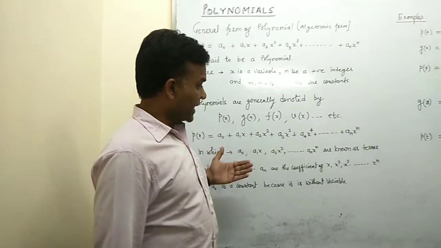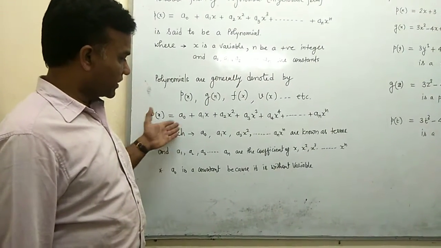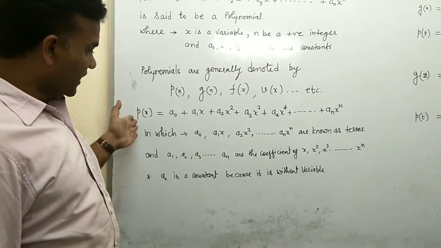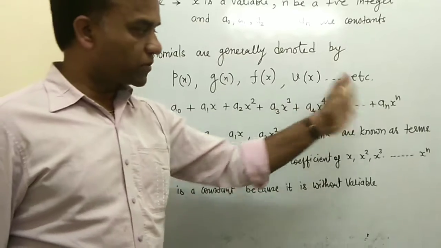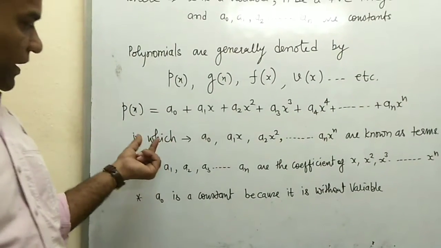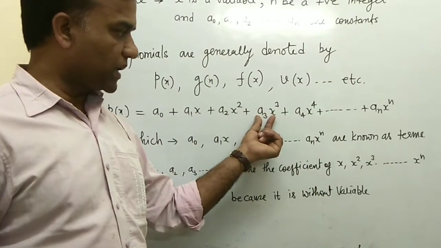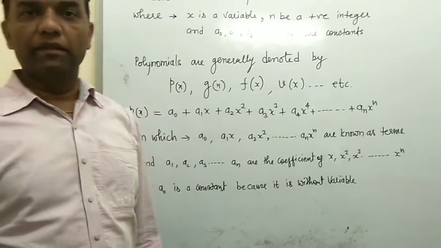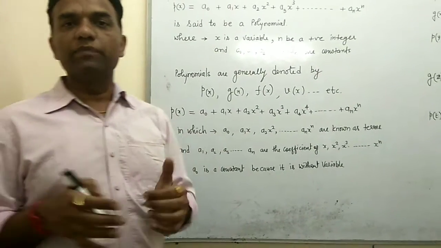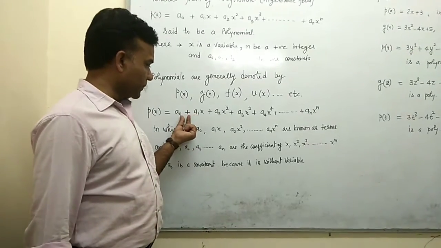Basically each and every term should first be known. Again we write p of x equals a0 plus a1x and so on up to anx to the power n. Here a0, a1x, a2x square, a3x cube, a4x to the power 4, up to anx to the power n are all called the terms, because they are separated by the plus sign.